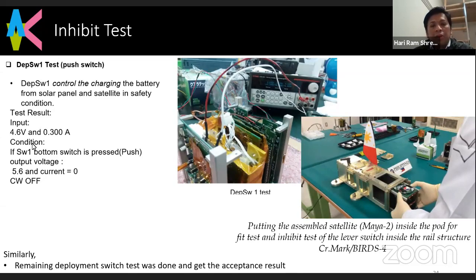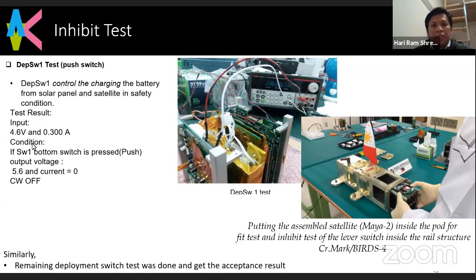I explained before why we need to deploy all 3 deployments, which is required, because we need to make sure this is working or not. The push button switch has 2, and the rail switch has 1. So the MOSFET should be working properly. Otherwise, we cannot send the CubeSat.